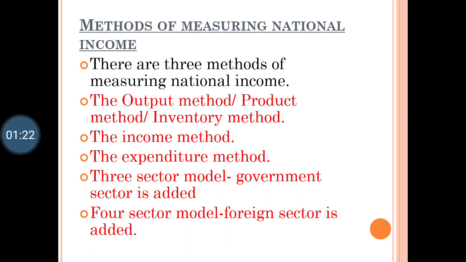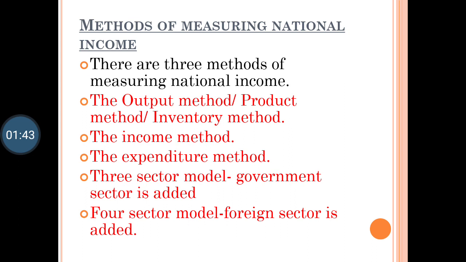So let us see which are the three methods of measuring national income. The first method is the output method, which is also called the product method or inventory method. Now you can easily remember these methods as per their names.